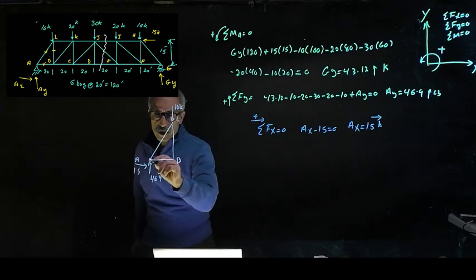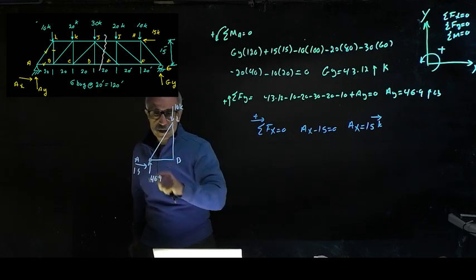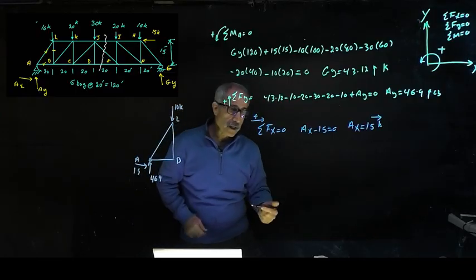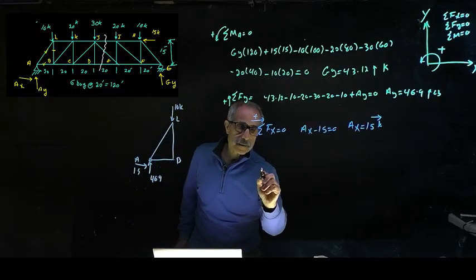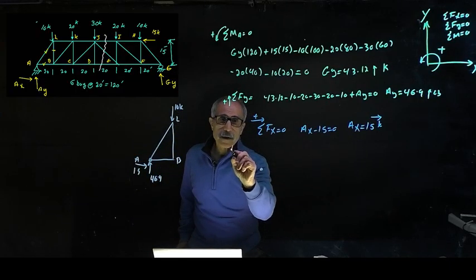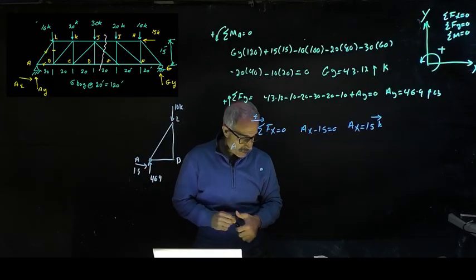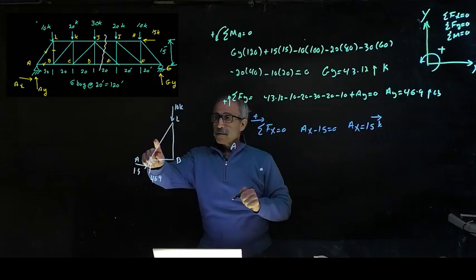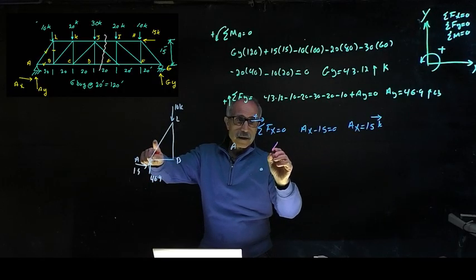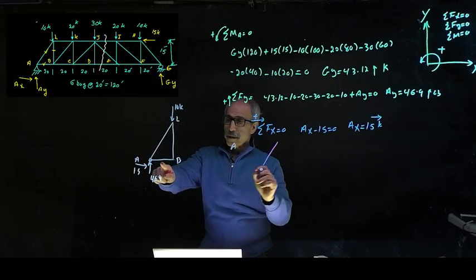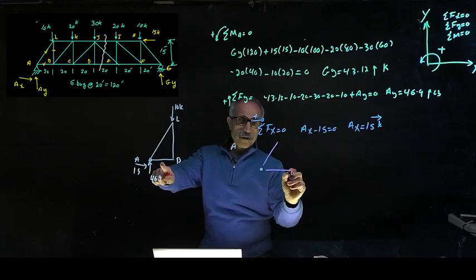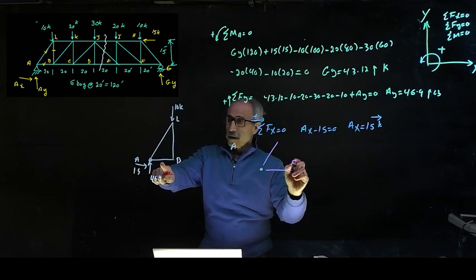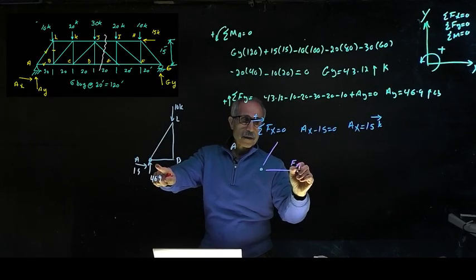So if I focus on joint A, I only have this, this, this. So I'm going to bring joint A over here. This is joint A, all right? And I'm going to put all those forces back into it. I'm going to have this member right there, and that's going to be F of BA or AB.